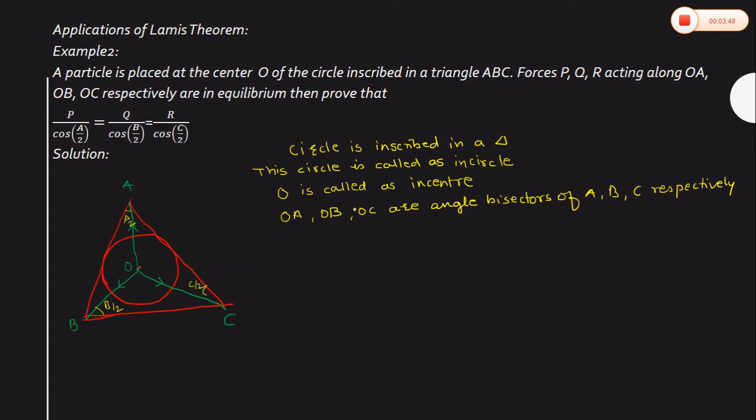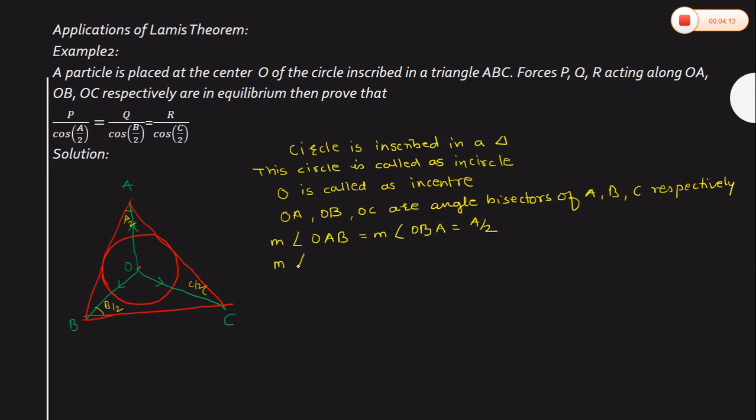Okay. Now we can write that the measurement of angle OAB is equal to the measurement of angle OBA, that is equal to A by 2.